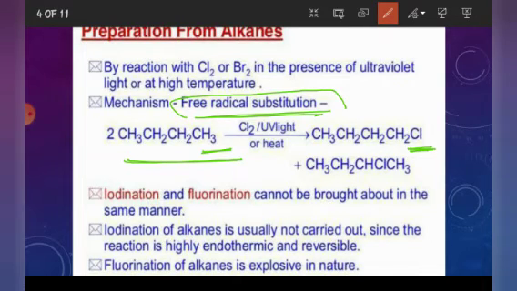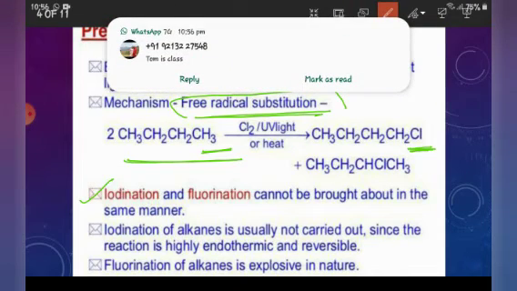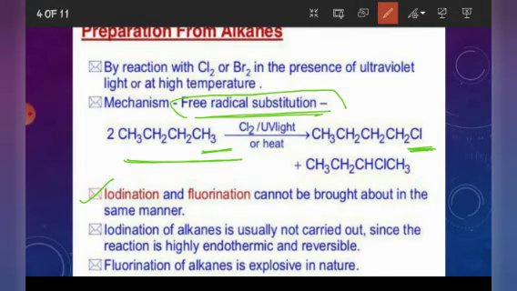Now see, iodination and fluorination cannot be brought about in the same manner. Iodination of alkanes is usually not carried out since the reaction is highly endothermic and reversible. This is the reason why iodination is not carried out, and fluorination of alkanes is explosive in nature.